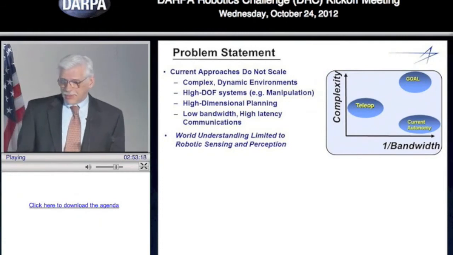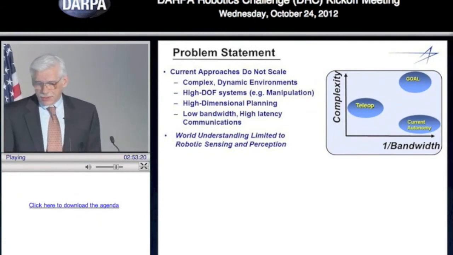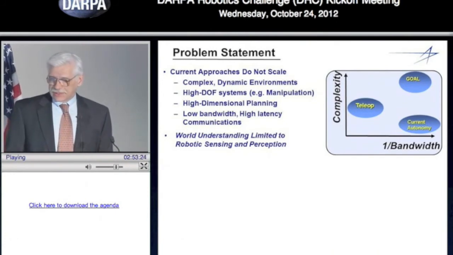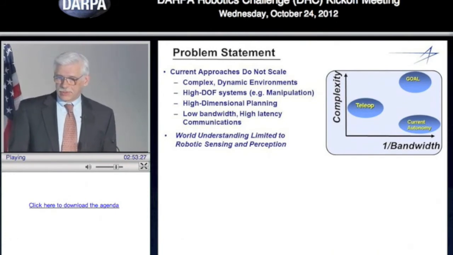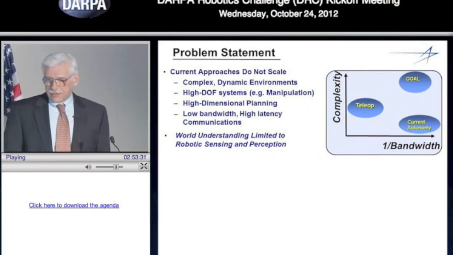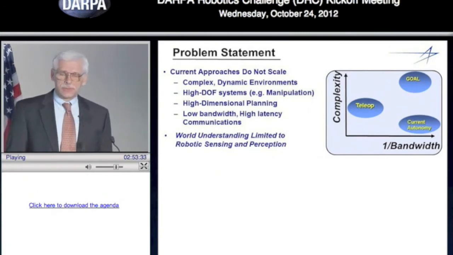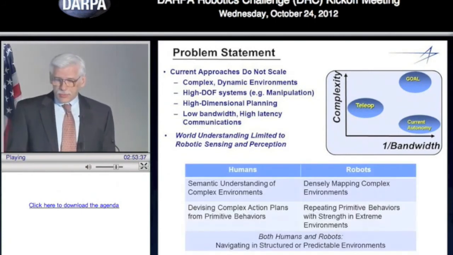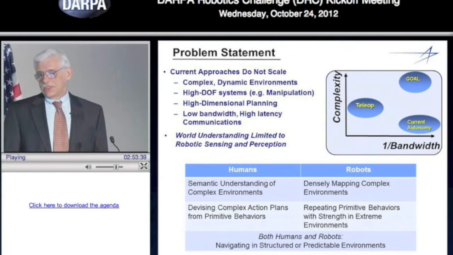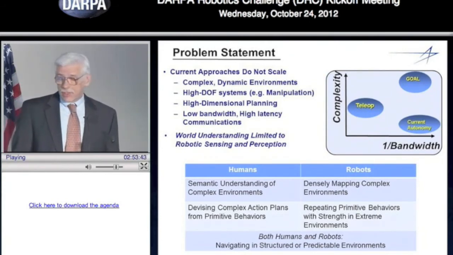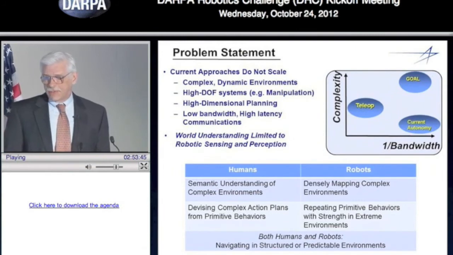Most people started by talking about their approach, which I think is good, but I thought I would take a moment to talk about the problem again. A lot of these things in individual form have been mentioned before today, but nevertheless, to summarize, why would you think about it the way we're thinking about the problem? You look at what you're being asked to do here for the robotics challenge and think to yourself, well, approaches that we know about don't scale very well.